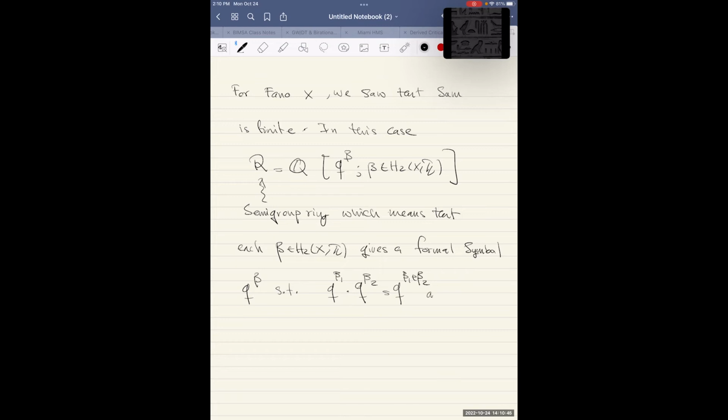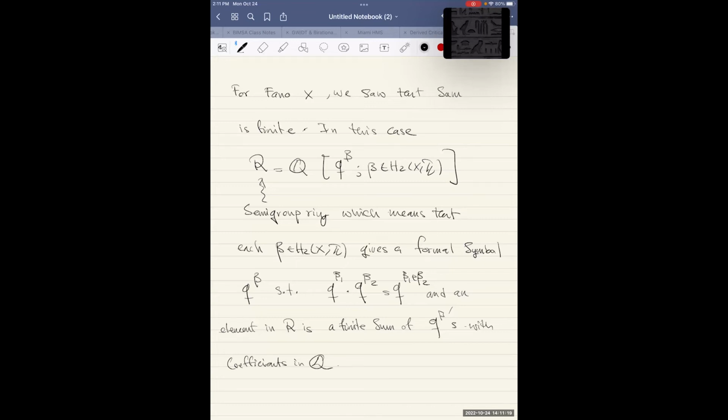And an element in this semi-group ring, an element in R, is a finite sum of q to the betas, with coefficients in Q. All right.